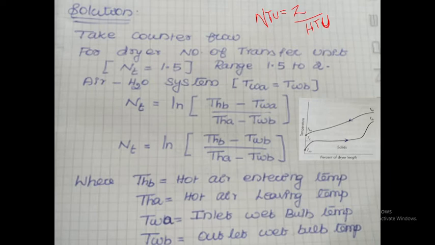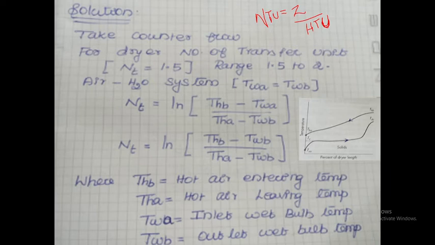For this system, inlet wet bulb temperature is equal to outlet wet bulb temperature, so TWA is equal to TWB. Are you clear or not? Okay. I hope all of you watched my videos about determination of length of rotary dryer using the rate concept. From that video only I have taken this formula.